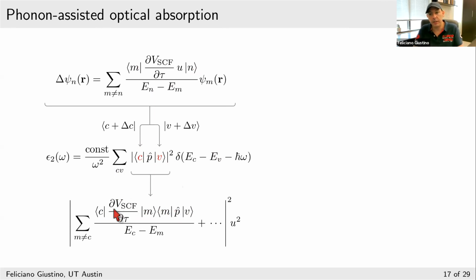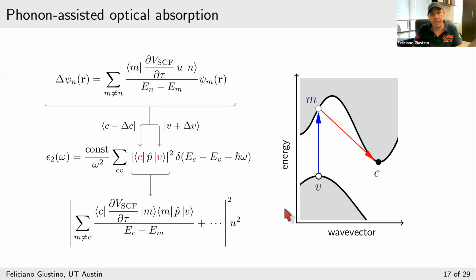So what this should remind you of is the usual picture that you see in any textbook on solid state physics or semiconductor physics, where you have a band structure and an indirect gap. You cannot make this transition without phonons, but you can go across the indirect gap by first making a direct transition, which is vertical in momentum space, by a photon. So that's the first matrix element. And then a transition that does not conserve momentum for the electrons into the conduction band bottom via the second matrix element.